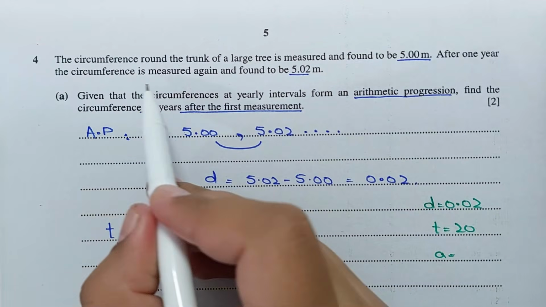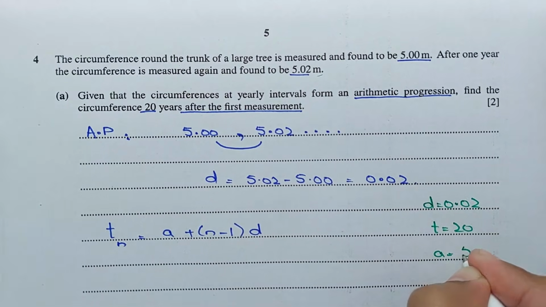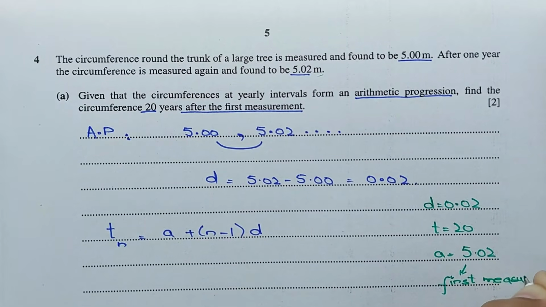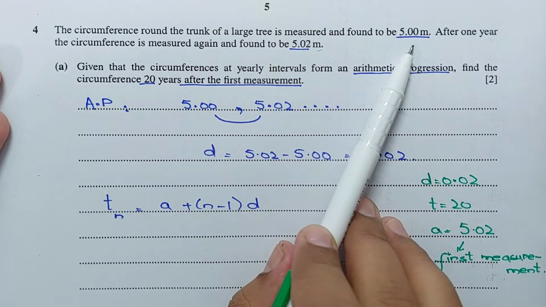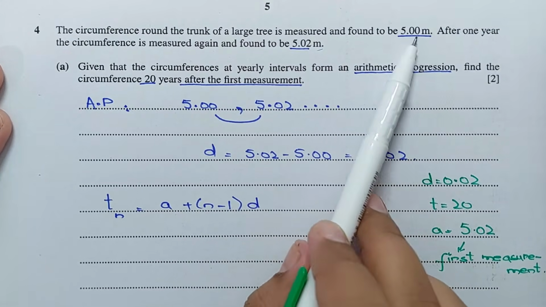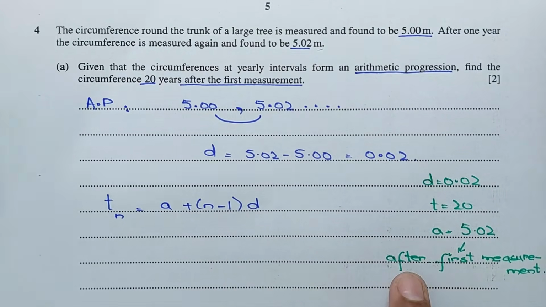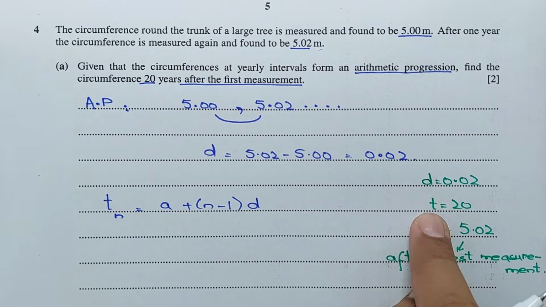After 1 year, the circumference is measured again and found to be 5.02. So 5.02 is the first measurement, and after the first measurement, now we have to consider this a value. I hope this is clear, how I got d, how I got n, and how I got the a value.